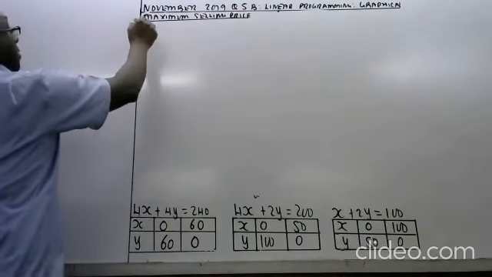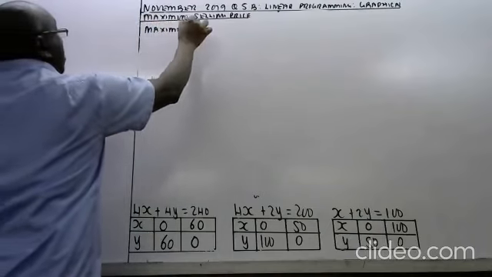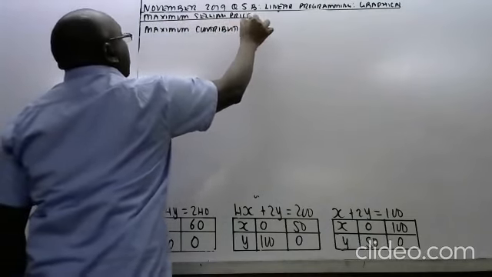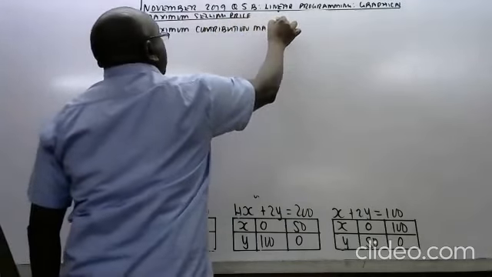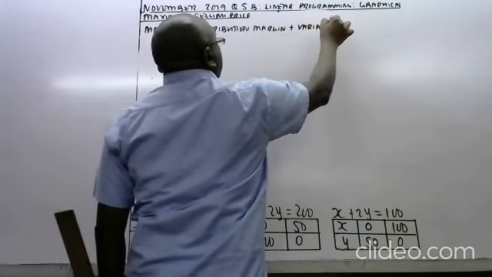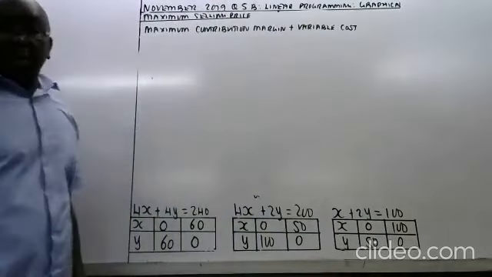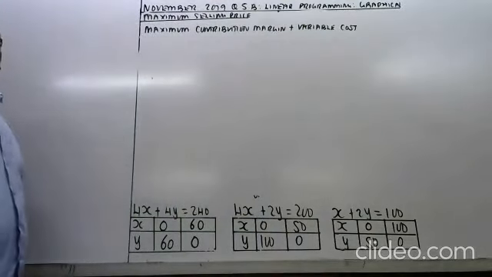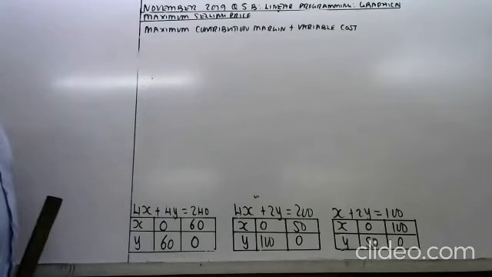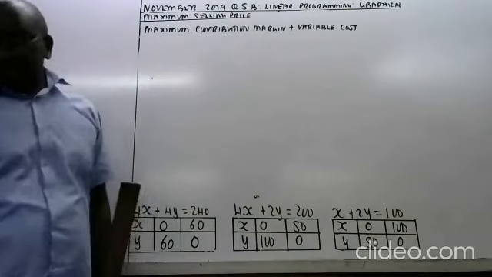For us to get maximum selling price, we need to get maximum contribution margin toward the variable costs.